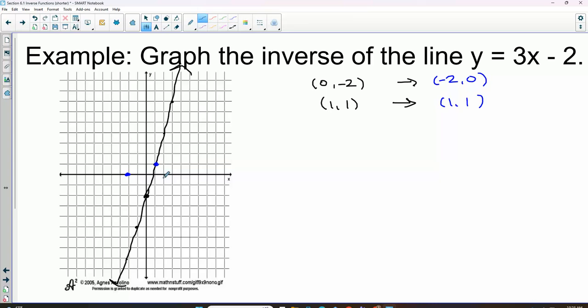If you wanted more, I plotted more points on my graph. I had the point 2, 4. So what point would that go to? And you could do as many of those as you wanted. And we're getting the inverse.